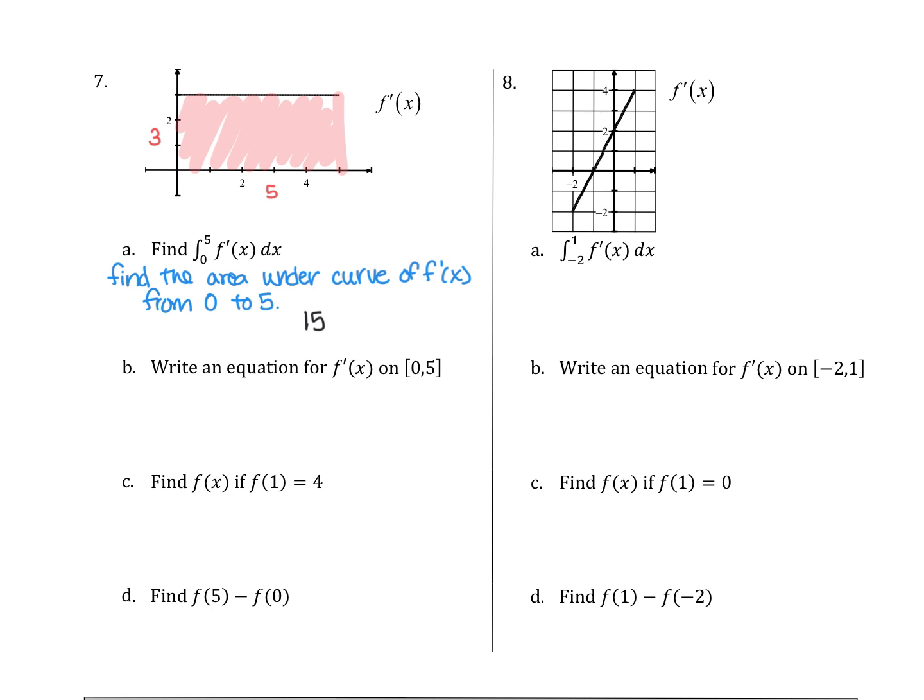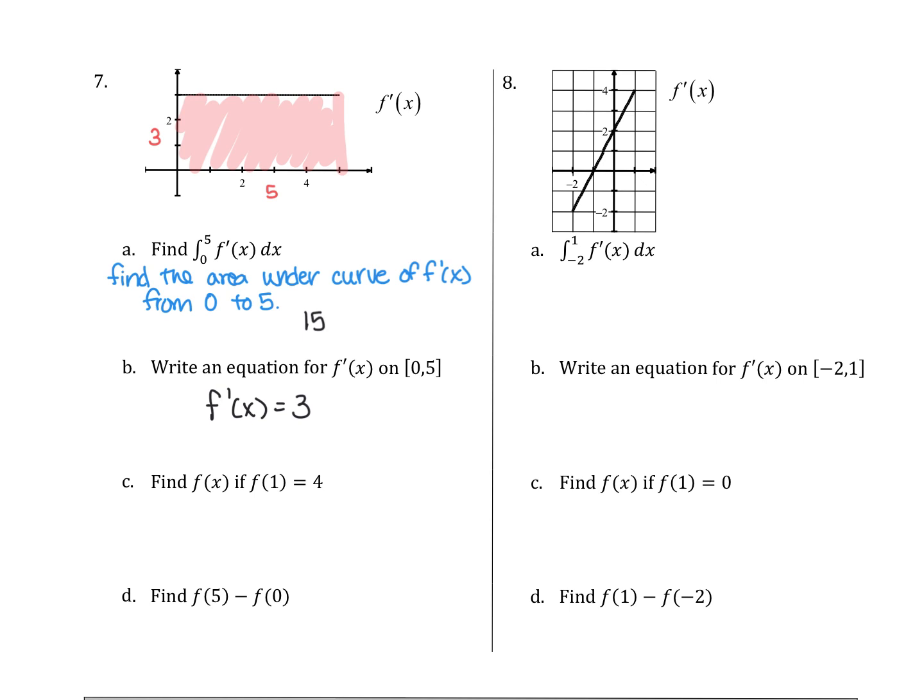Okay, well then it asks me to write an equation for the derivative, which is that function that's shown up there. Well, this is a horizontal line, and we know the equation of a horizontal line is just a constant, so this happens to be f prime of x equals 3.